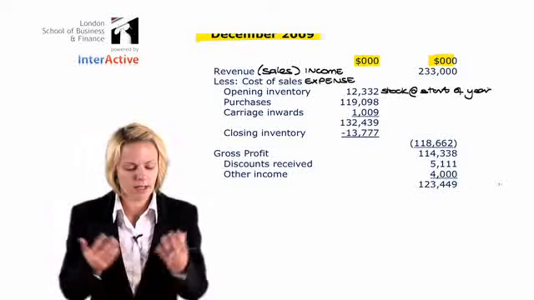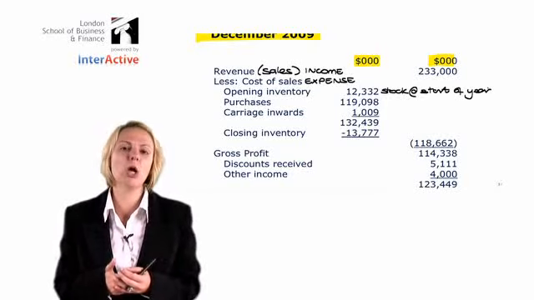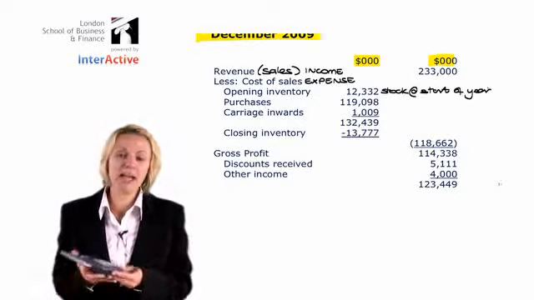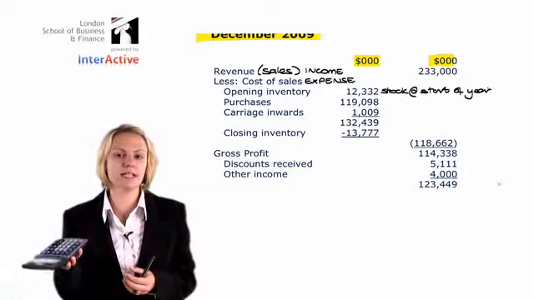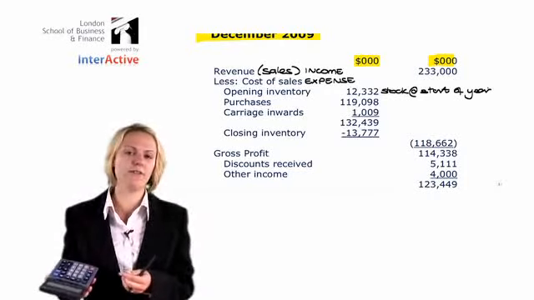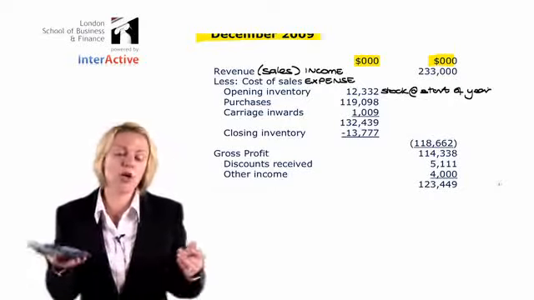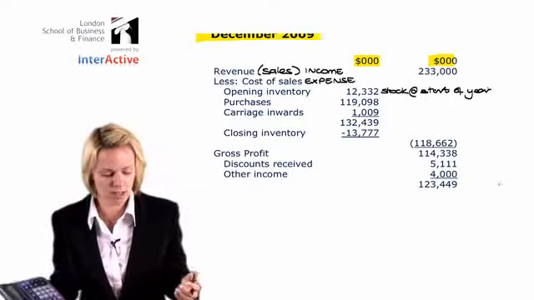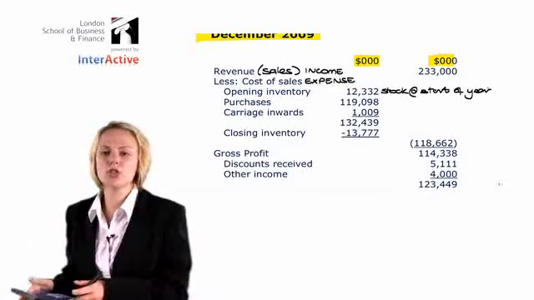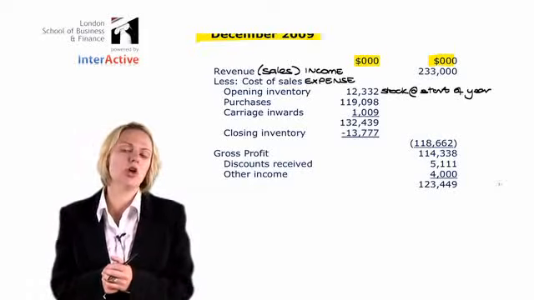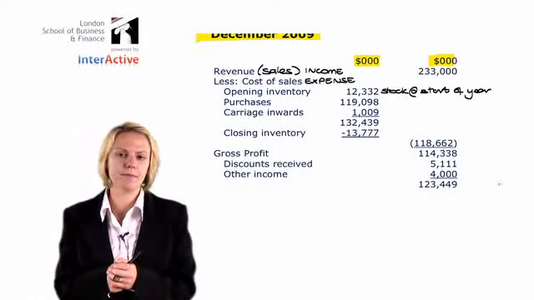Okay, so next thing we're going to have a look at then is purchases. Now, if you purchase plastic or components for this calculator that you use in your manufacturing process, well, your purchases would be a cost to you in the year. So the purchases of goods, so of materials, well, that would get added to your opening inventory.